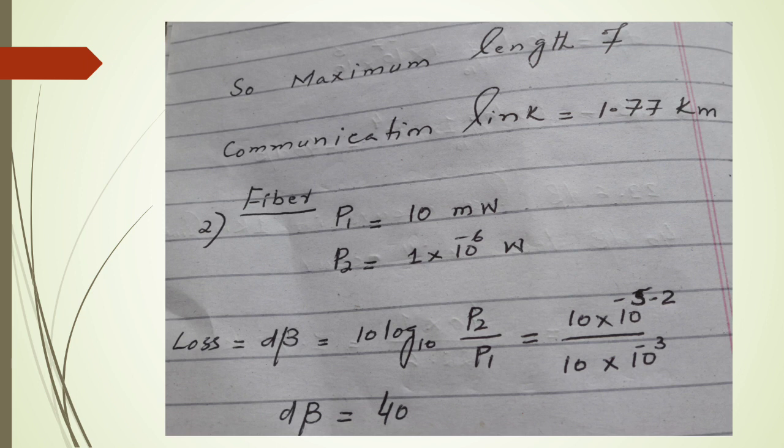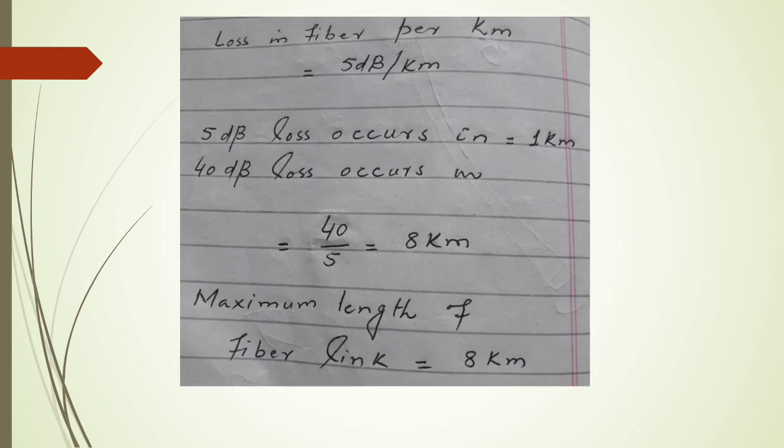We have already calculated the total loss in the previous case, and the total loss in the previous case was 40 dB. So the total loss in this case will be 40 dB as well. Why? Because the input power is the same and the output power remains the same. So loss in fiber per kilometer is 5 dB.